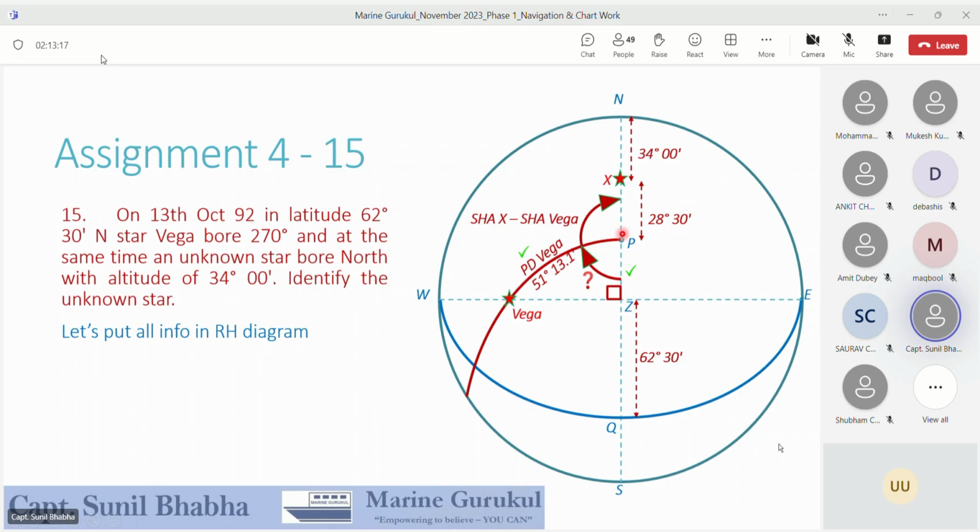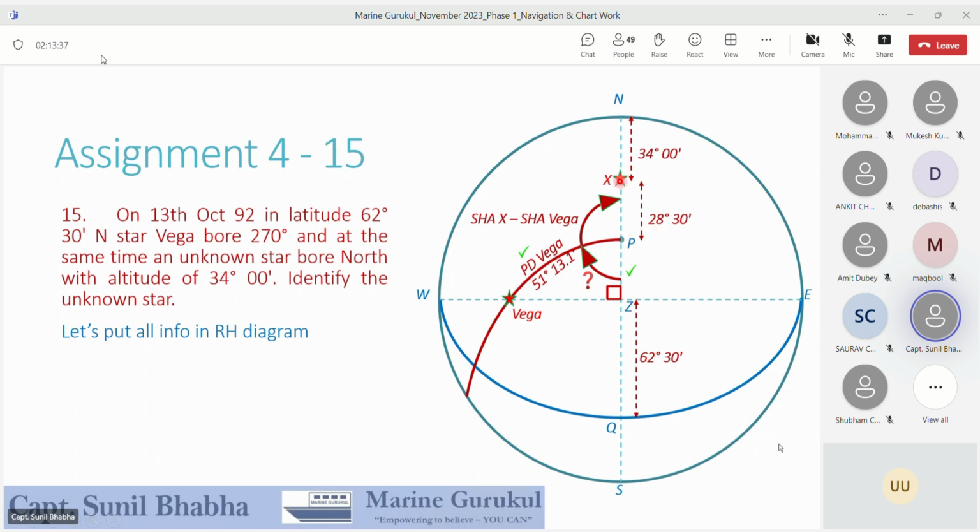It is NP minus NX. NP, equal to the latitude, is 62 30. NX, the altitude of the star given in the question, is 34 degrees, giving us Papa X-ray, PX, as 28 degrees 30 minutes.